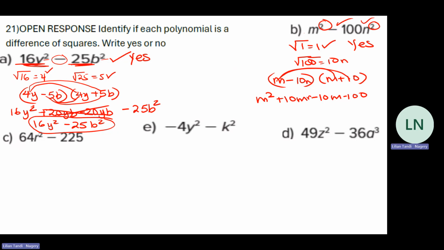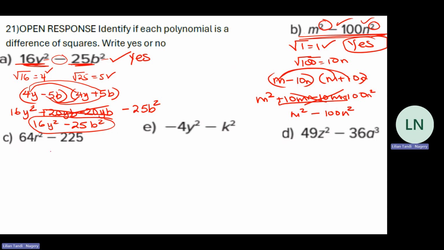So this will be mn, mn, and then n squared. Okay, like that. So this and this go away because they become 0. So you have m squared minus 100n squared. And it matches your question. So we are correct. It is a yes.